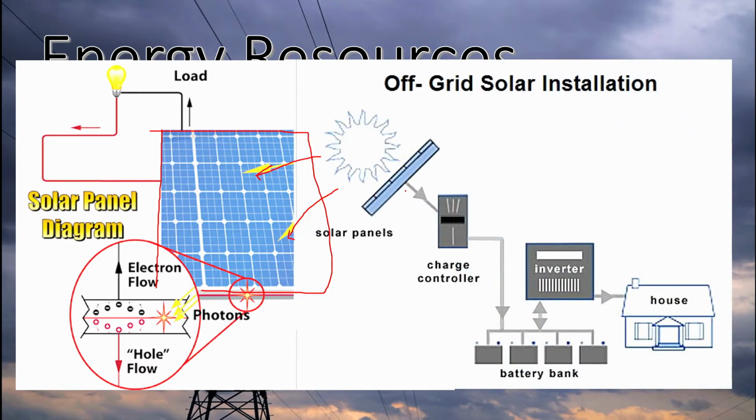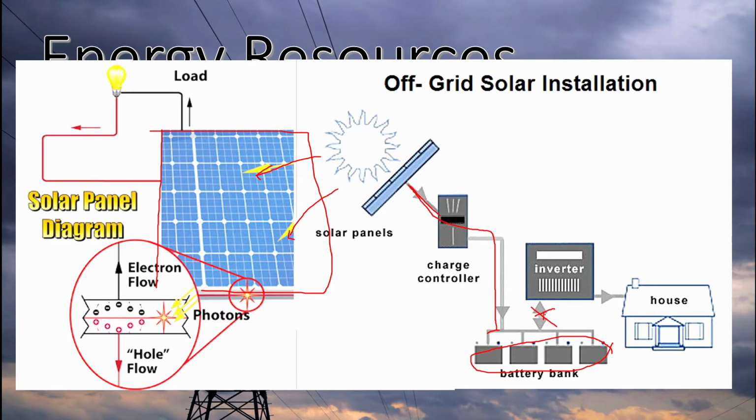After the electrons move, the current goes to the charge controller here. Then the charge controller charges the batteries that you have here, or the battery bank. If you don't want to use your electricity during the day, you can just store it. You can just cut this off.